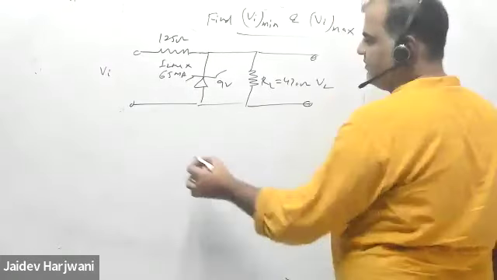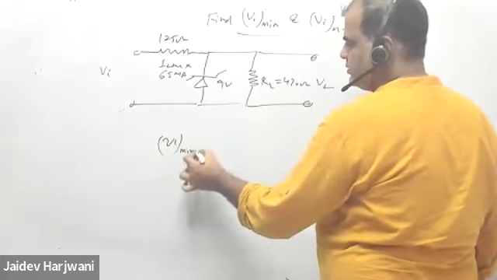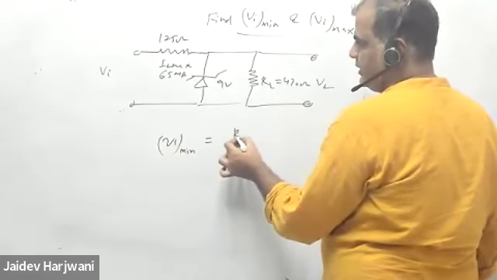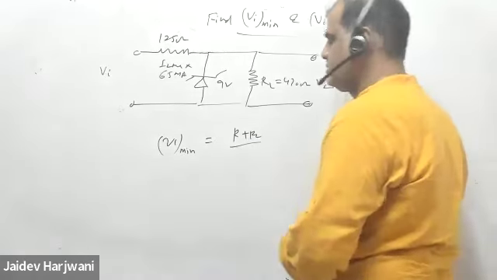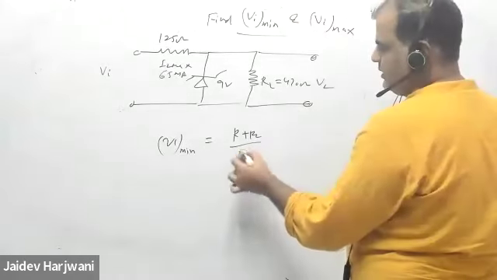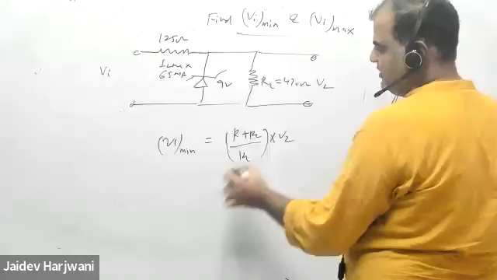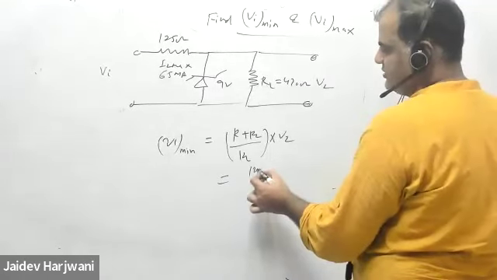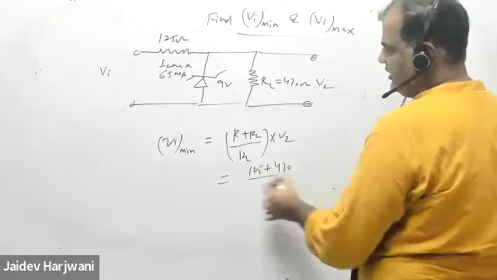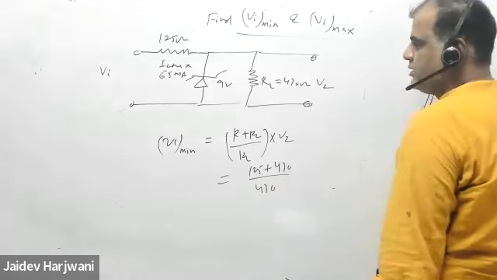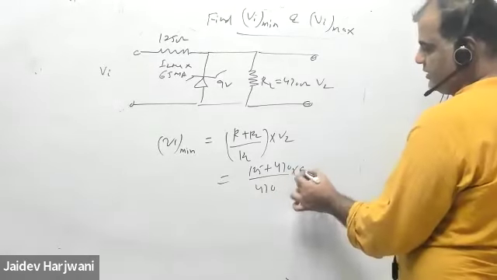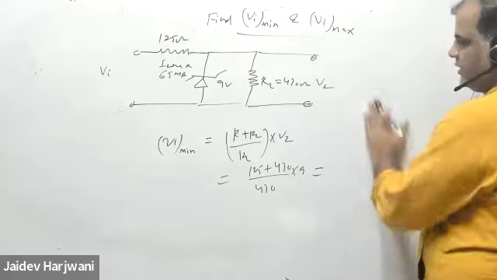VI minimum formula is what? (R plus RL) upon RL into VZ. R is 125, RL is 470, divided by 470 into 9. Okay.